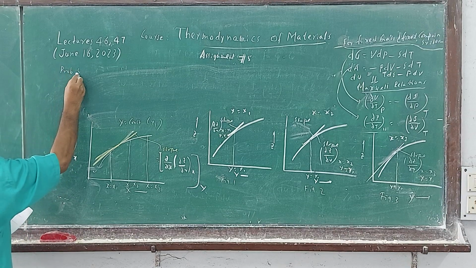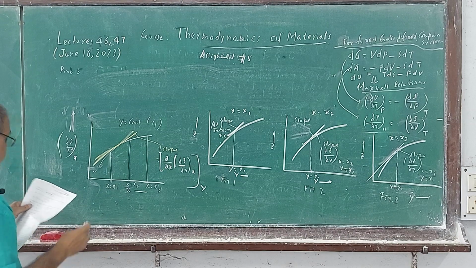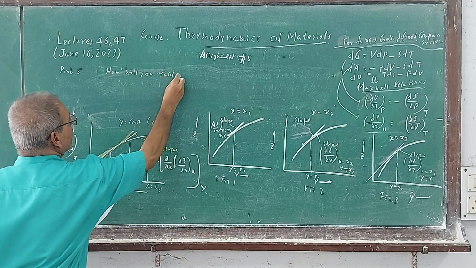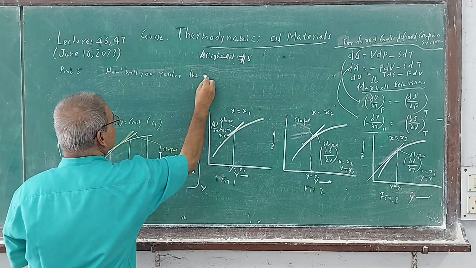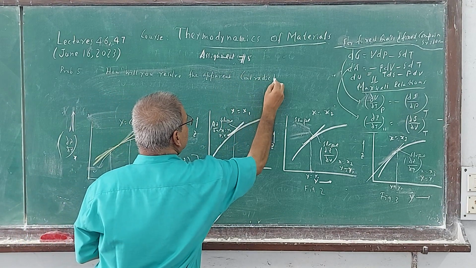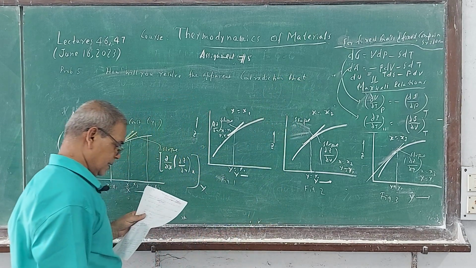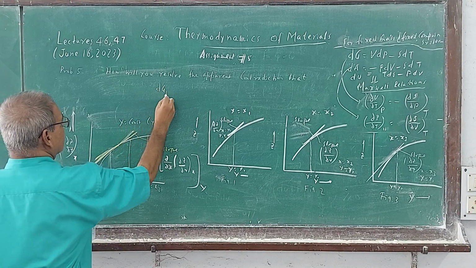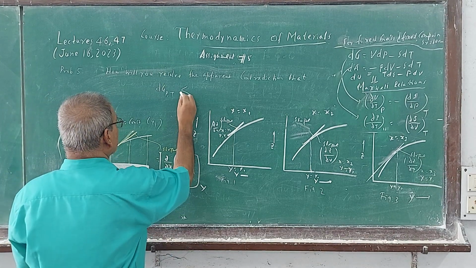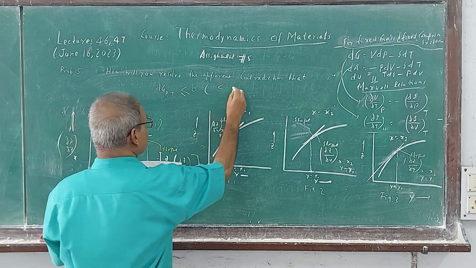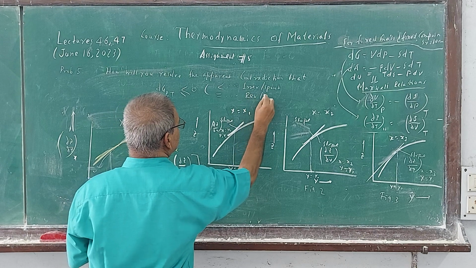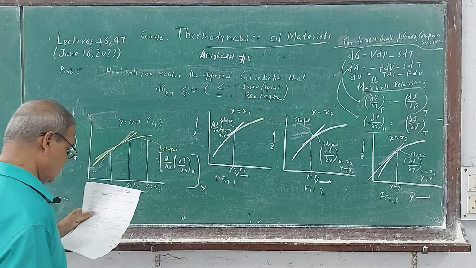How will you resolve the apparent contradiction that DGPT less than or equal to 0, less than refers to irreversible, spontaneous, equal, reversible equilibrium, while G is a state function.